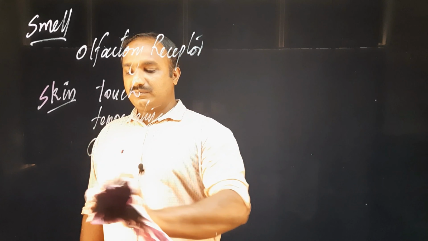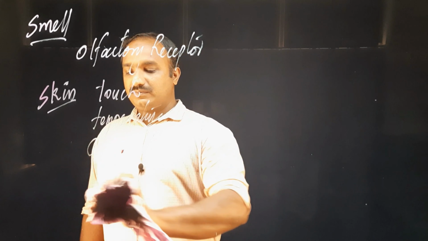Once again, first we have to remember the main points. The receptor in the nose is called the olfactory receptor. The nerve in the nose is called the olfactory nerve.